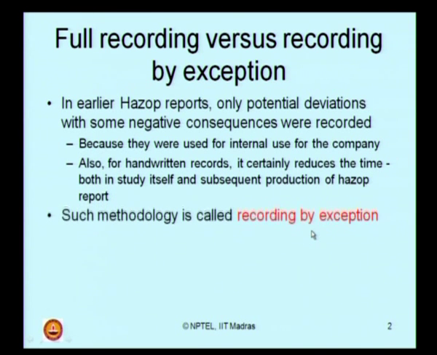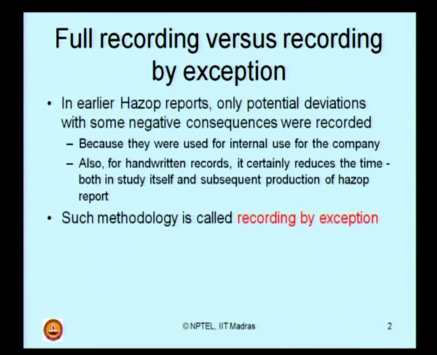Such a kind of recording, where you choose to record only certain deviations which have a certain kind of consequence in a system, is what we call recording by exception, because you are eliminating certain possible deviations having different kinds of consequences which you are not interested in, because you are using this report only for internal circulation of your company.